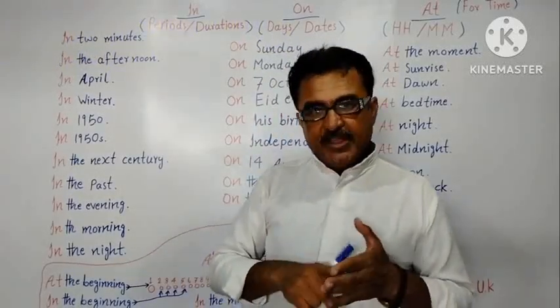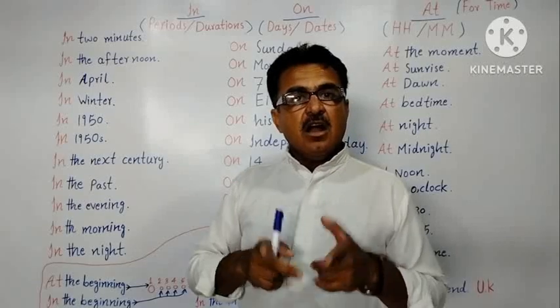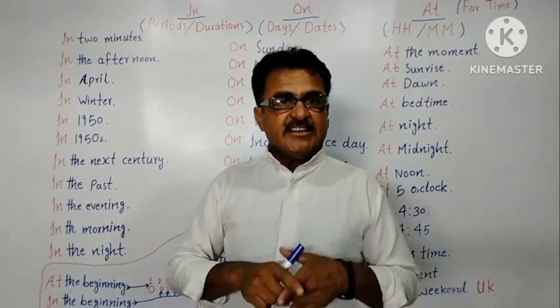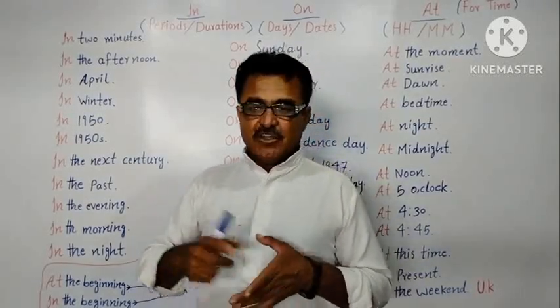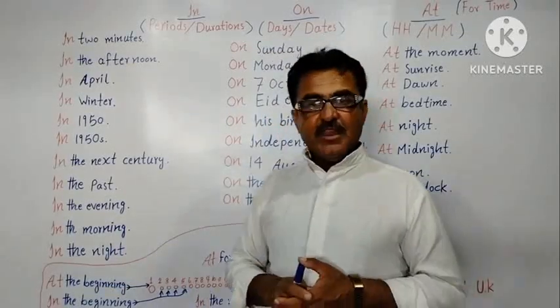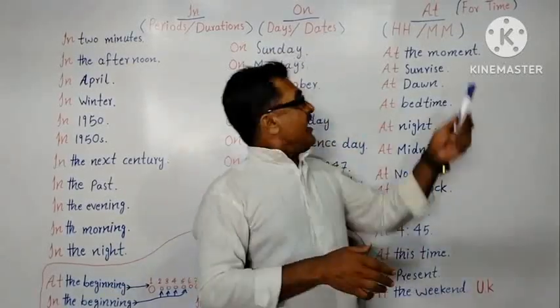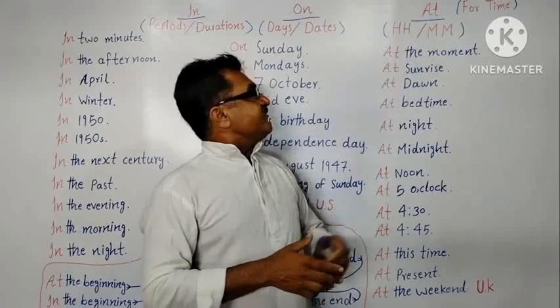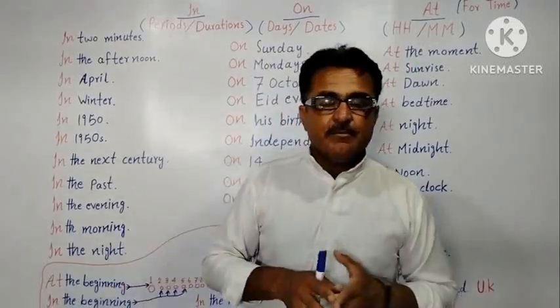In is for periods and durations, on is for days and dates, and a famous expression is that if there is a day then there must be a date, and at is for hours and minutes.